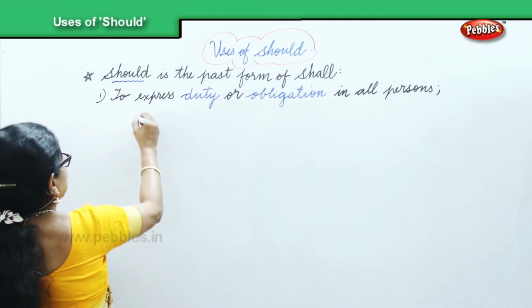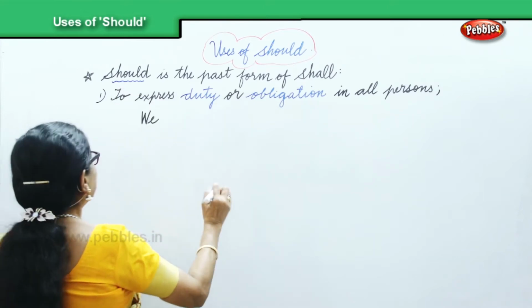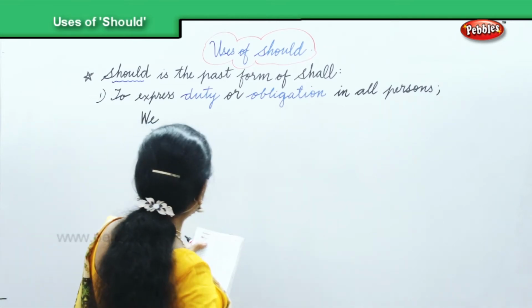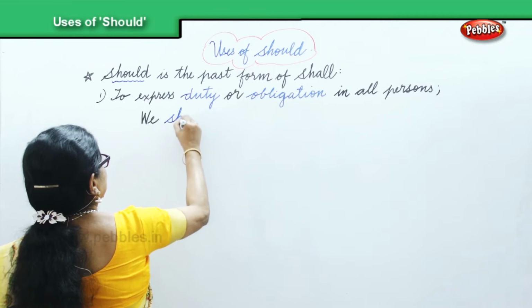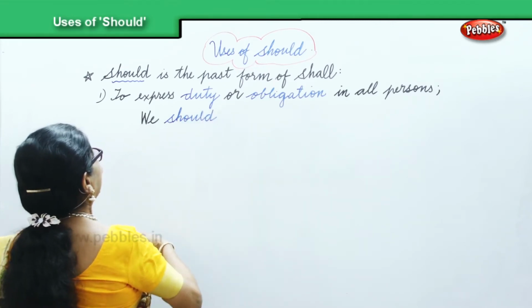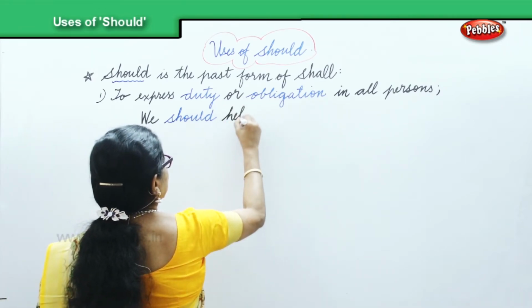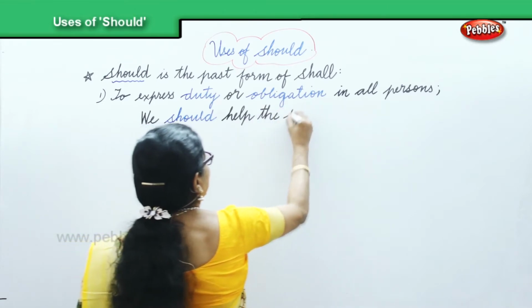We should. Normally, right? So, we'll say we should help the poor. So, how will we express this? We should help the poor.